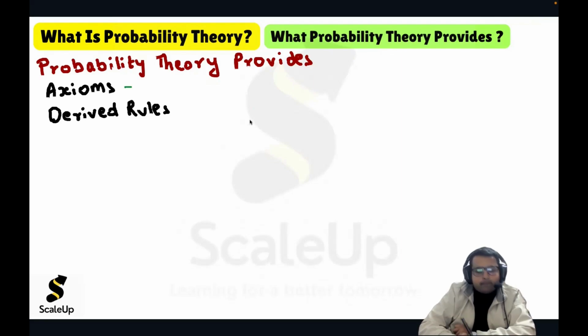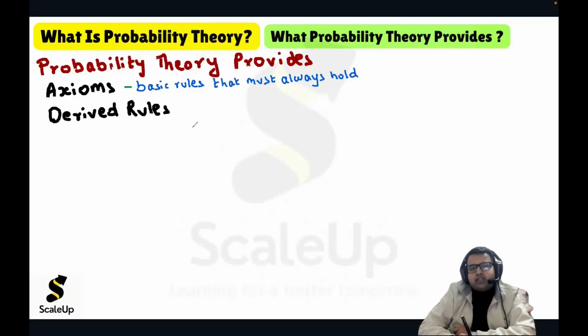Axioms are basic rules that must always hold. Probability theory provides axioms and also derived rules which are used for reasoning. Using axioms and some other facts and evidence, we get derived rules, and these rules play a very important role in reasoning.